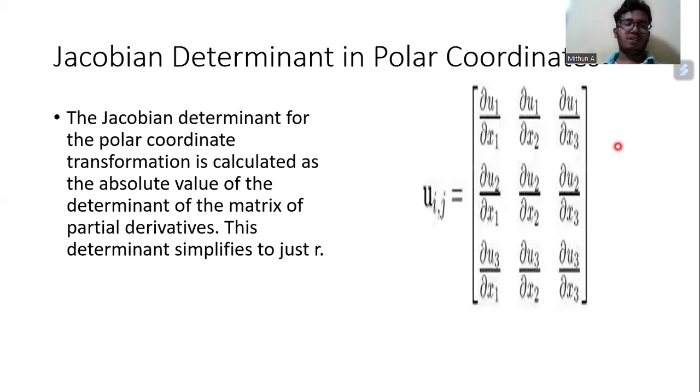Now, the Jacobian determinant in polar coordinates. The Jacobian determinant for the polar coordinate transformation is calculated as the absolute value of the determinant of the matrix of partial derivatives, and this determinant simplifies to just r.